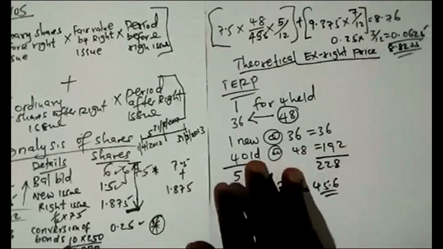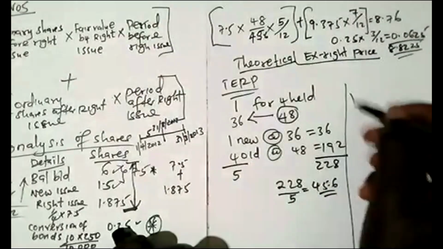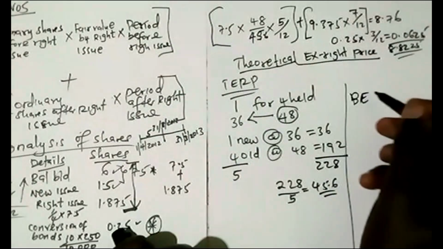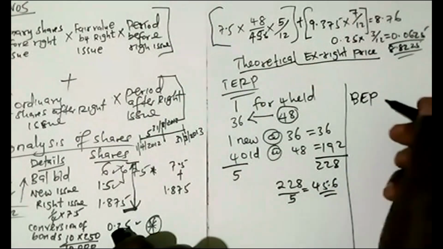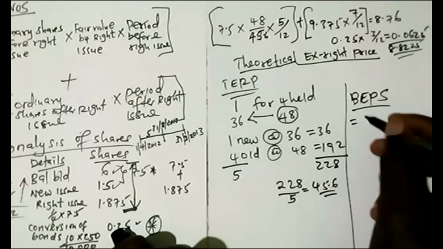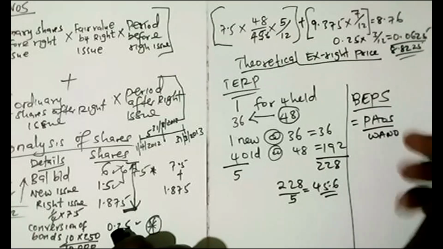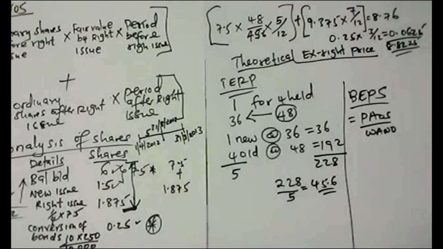So up to this scenario, we can conclude that our basic EPS is equal to the profit attributable to ordinary shareholders.